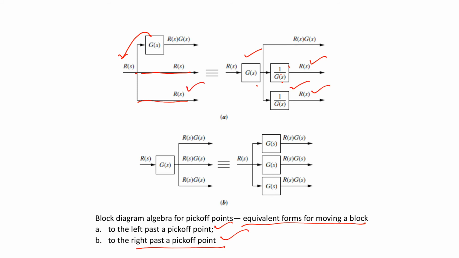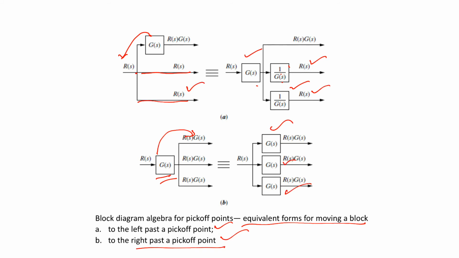Okay. Now in the second case, what we have done, we want to take this G(s) to this. Simply R(s) is multiplied by the G(s) initially. So in all the blocks, this R(s) is multiplied by the G(s).